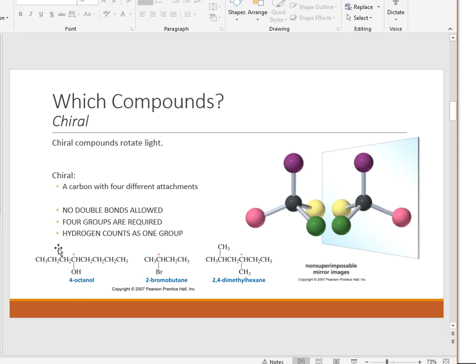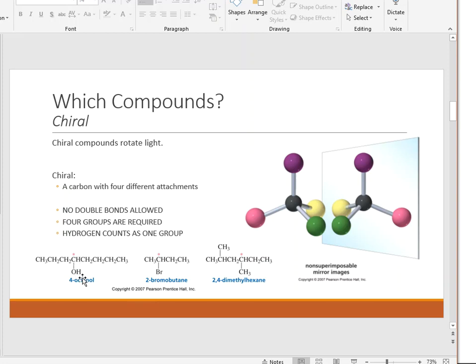All right. Now, if you look at this 2nd carbon into the chain, is that one chiral? Yes or no? Well, we look to the left and we see 1 carbon with 3 hydrogens, so there's a methyl group. So there's 1 group. And then we look to the right hand and there's 1, 2, 3, 4, 5, 6 carbons in total, with an OH group hanging off of it.